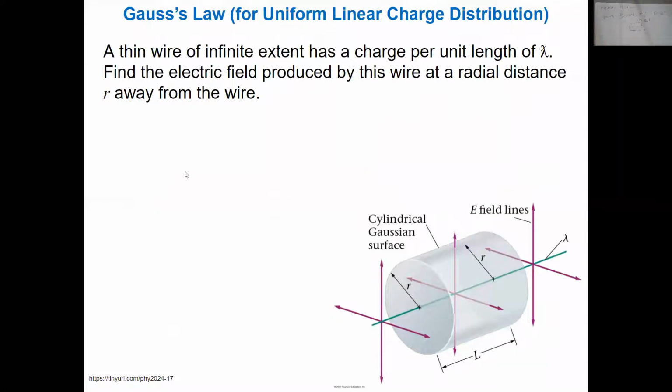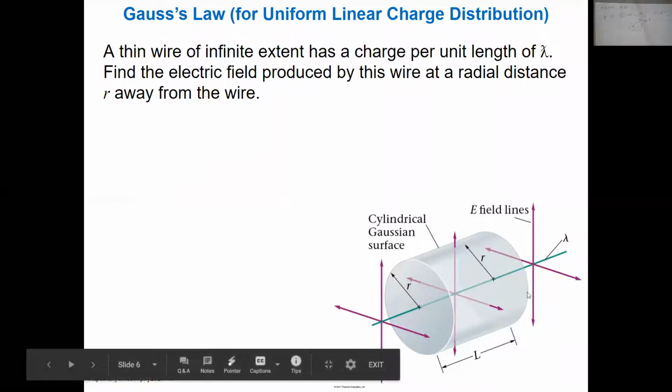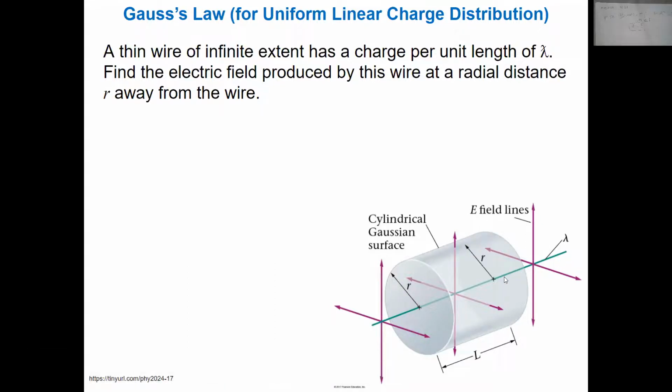All right, so let's take a look at a few applications of Gauss's law. The first one is the application of Gauss's law to an infinite line charge distribution. If you have charge on this green line, where the line is infinitely long, what would be the electric field a distance r away from this line?